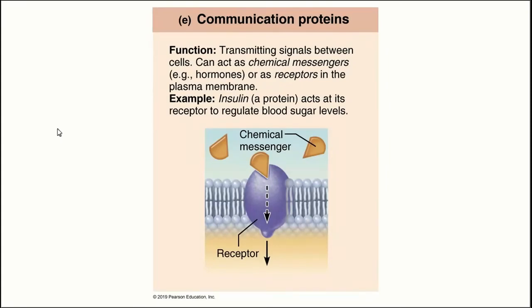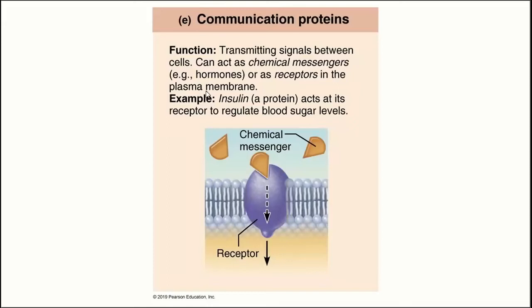We also see that some proteins function in communication between cells or transmitting signals between cells. Some can act as chemical messengers. That is, some proteins are amino acid based, which means that they are protein hormones. Hormones are released by endocrine glands into the blood, and the blood carries them throughout the body.